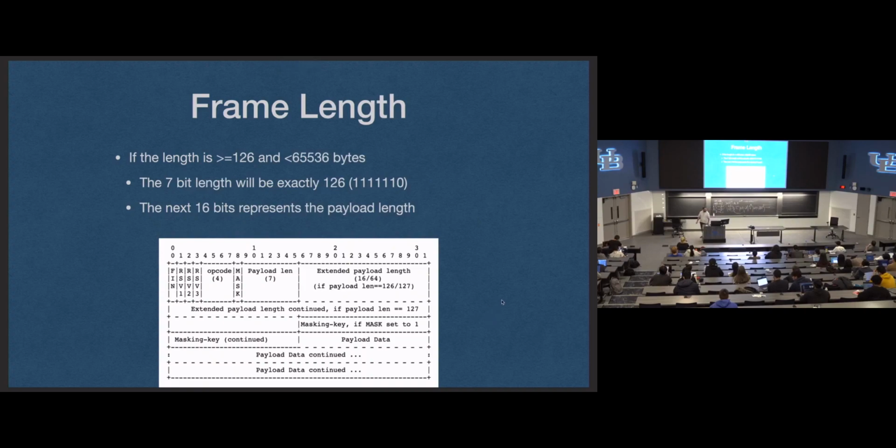If the payload length is between 126 inclusive and 65,536 exclusive, which is 2 to the 16, so it can't be represented with 7 bits but it can be represented in 16 bits, that's where those numbers come from, then the 7-bit payload length will be exactly 126.